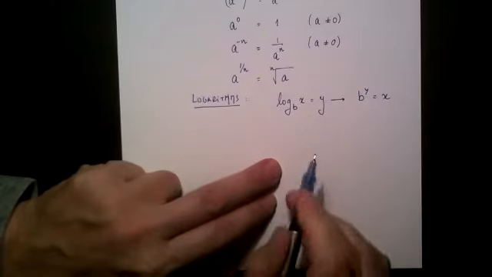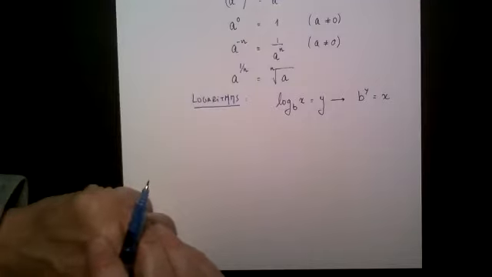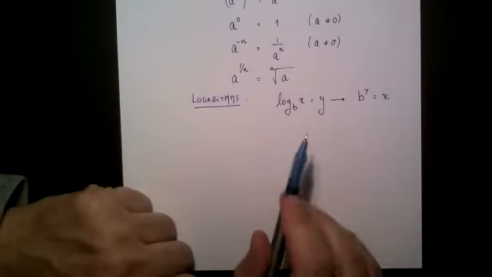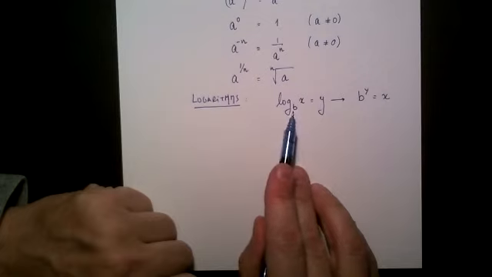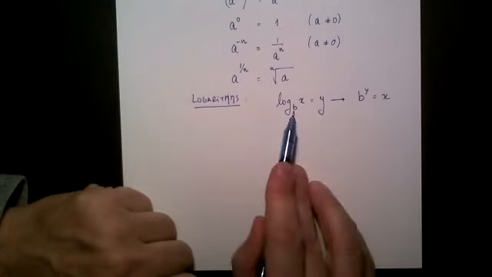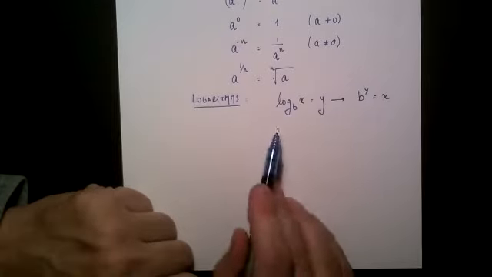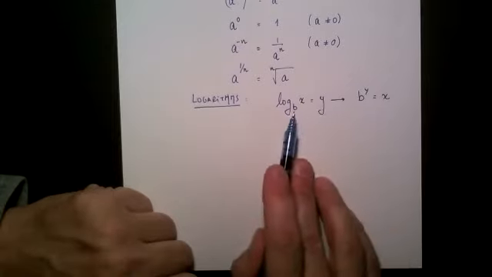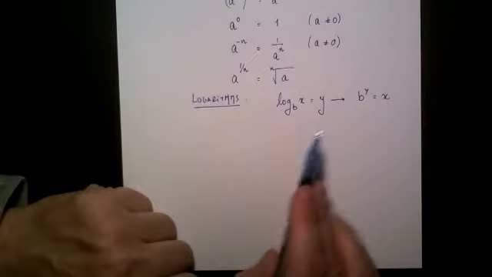This is the definition of the logarithm. So when I say, listen carefully, the log in base b of x, what I'm looking for is what exponent I should put on b to get x. So I'm looking for the exponent. The answer here is the exponent of b. Okay, b power what will give me x.